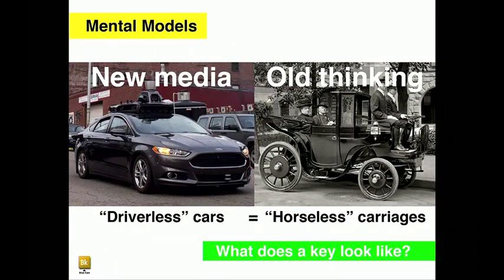Okay, so once we understand thinking and persuading, we can start to talk about this thing called mental models. Mental models are what we walk around the world with in our head. We don't even realize that we have mental models, right? But since AI is a fundamentally new medium, and every time a new medium comes along, people try to do it the old way, right?